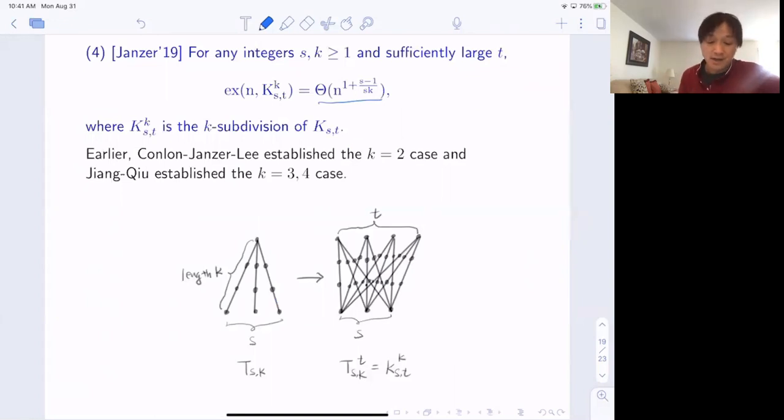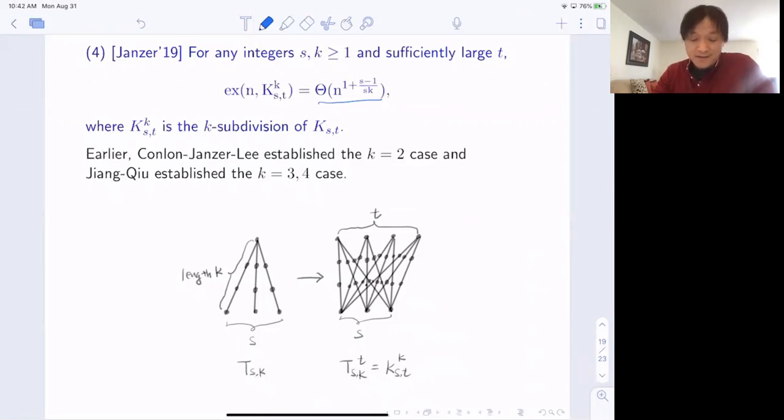Now, I want to mention that the problem was really studied because it's in the language of the subdivision problem. I don't feel that the motivation was to find more exponents, but more for resolving a question on the Turán number of k-subdivisions of the complete bipartite graph.